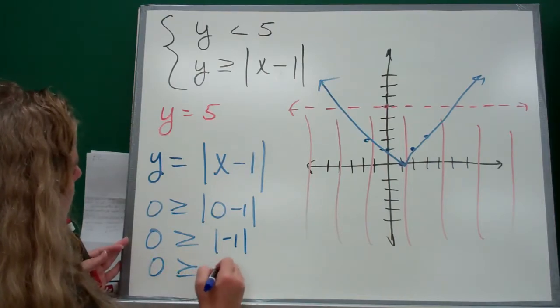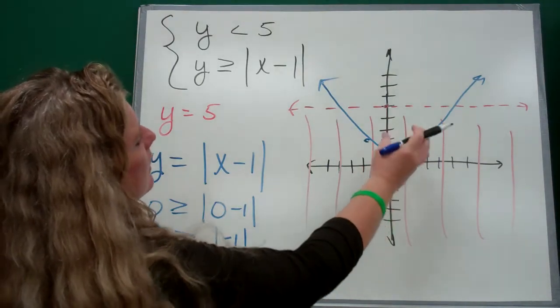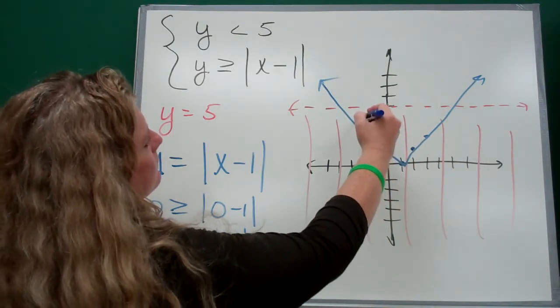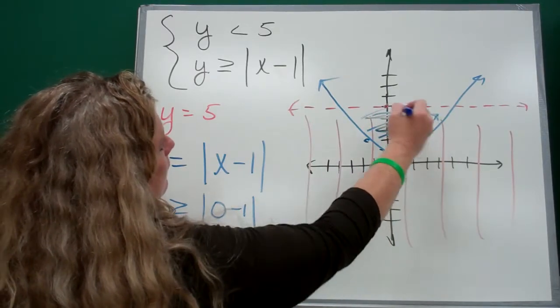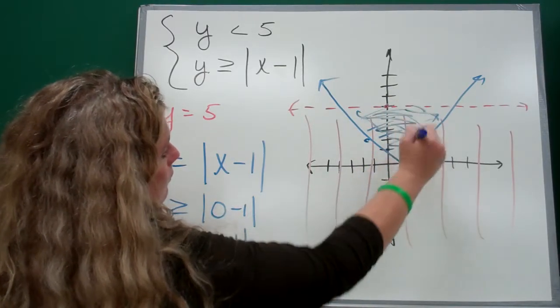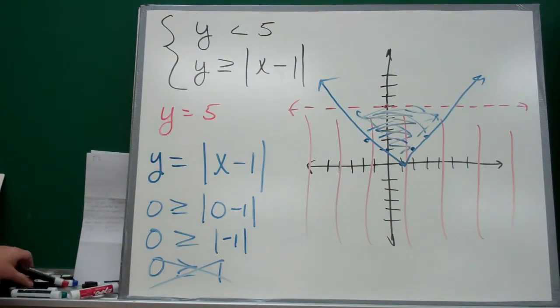Is 0 greater than or equal to 1? It is not. So we're going to shade inside the V. And where it's double shaded is right inside that little triangle. That is your solution.